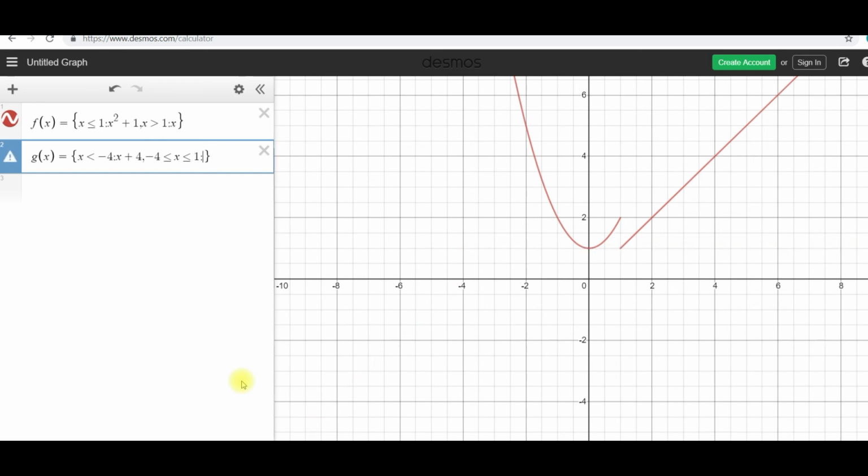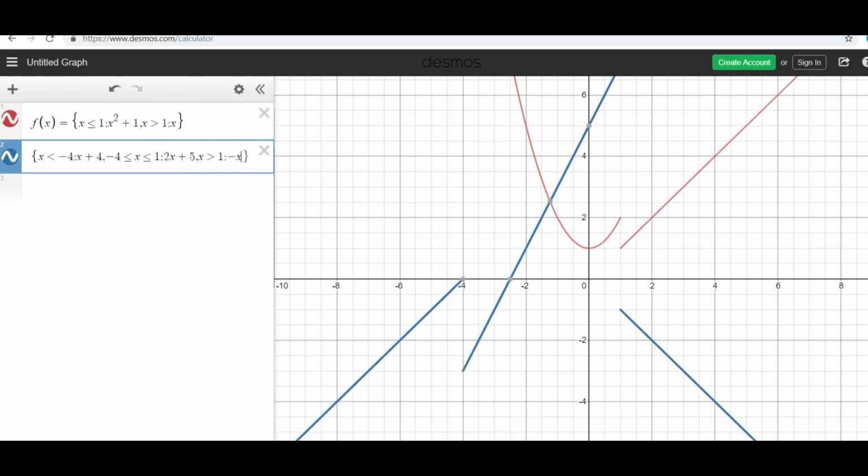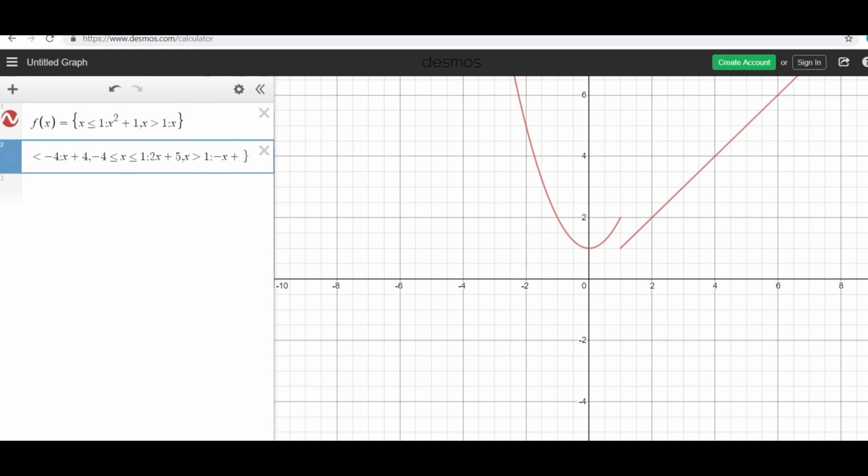Put the colon in there, and then we need our second function, which was 2x plus 5. Do a comma, and then finally our last one, which will be x is greater than 1 for our domain restriction, and then our function was -x plus 3.